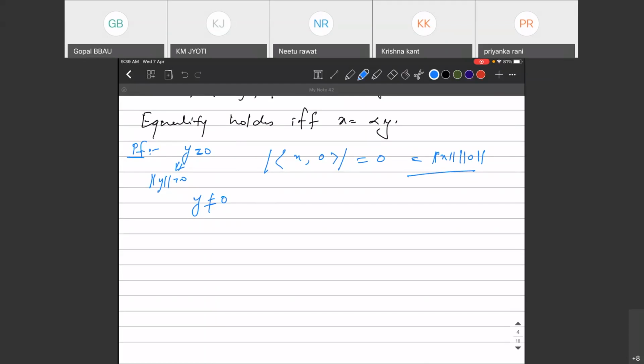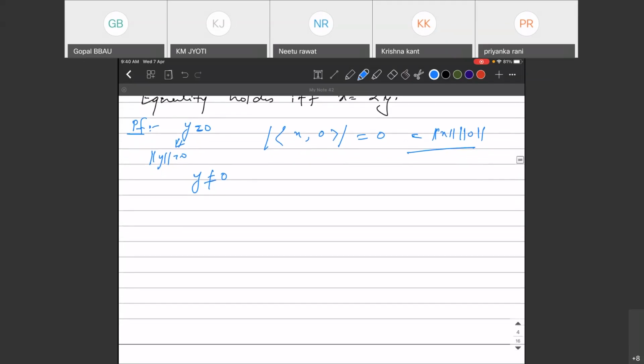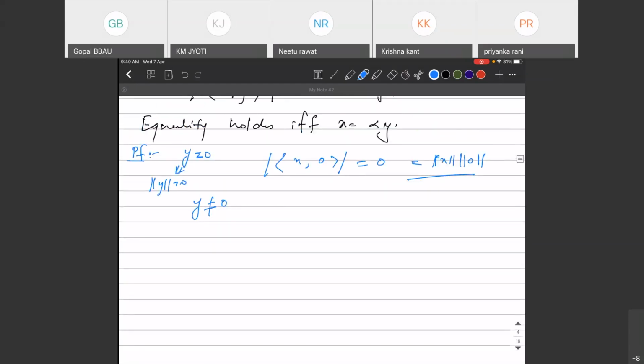I orally told you that an inner product space gives a norm, but I didn't give you a formula. So let me first give you a formula for a norm induced from an inner product space. Here we take a digression.